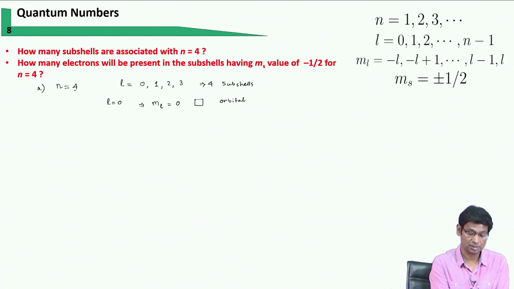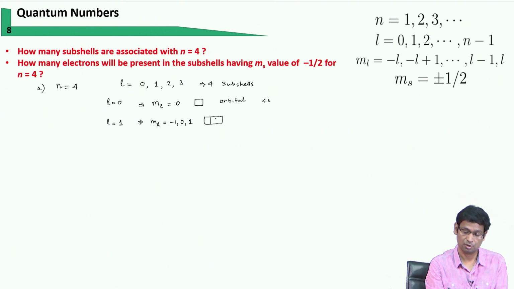Since n equals 4, L equals 0, ml equals 0, this orbital is the 4s orbital. Similarly, when I go to L equals 1, I have 2L plus 1, that means 3 ml values. So, ml goes from minus 1 to 0 to plus 1. Therefore, I have 3 orbitals in this subshell.